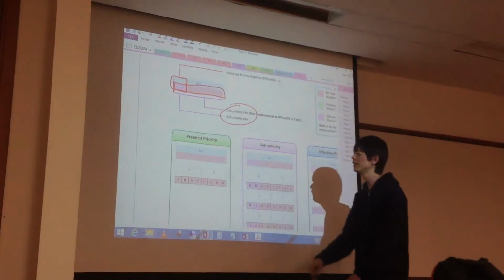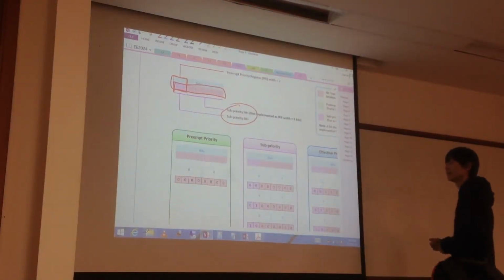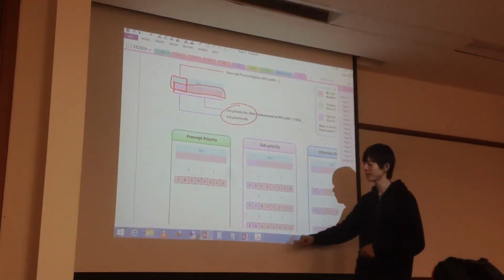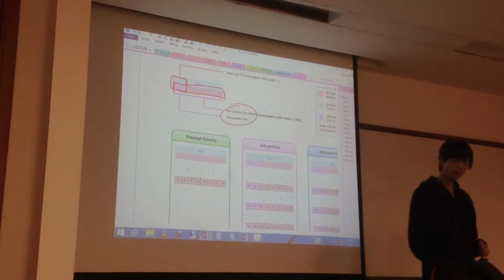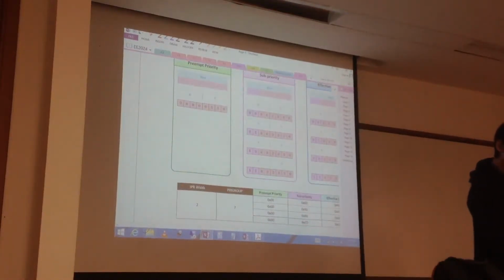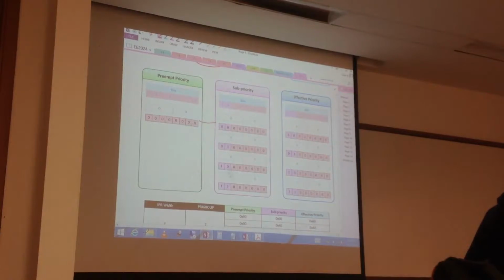Only 0, there's no other possibility. Possibilities for sub-priority? These are the possibilities. And the effective means this one plus this one, then this one plus this one, and so on. So for each one of these, you have an effective priority.